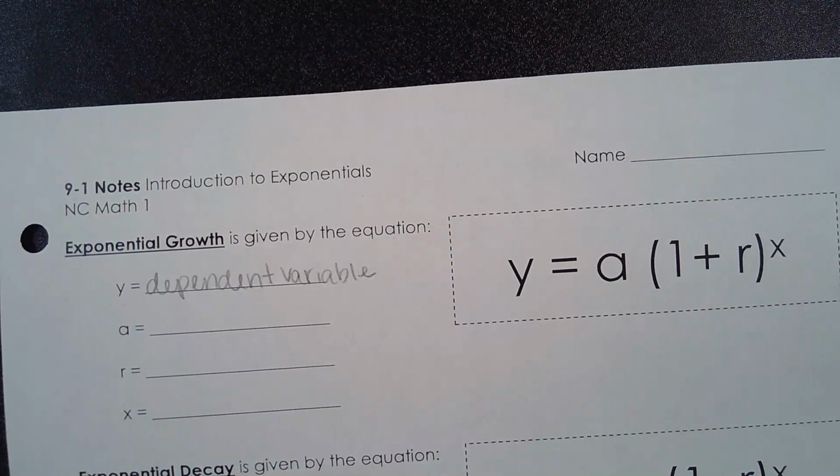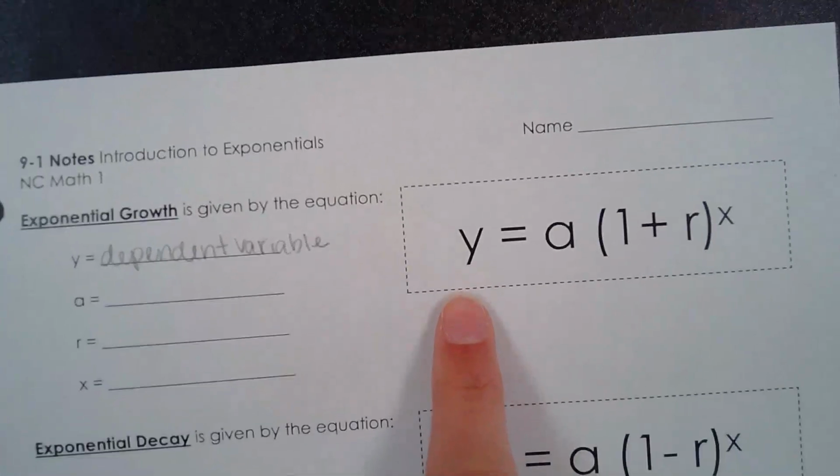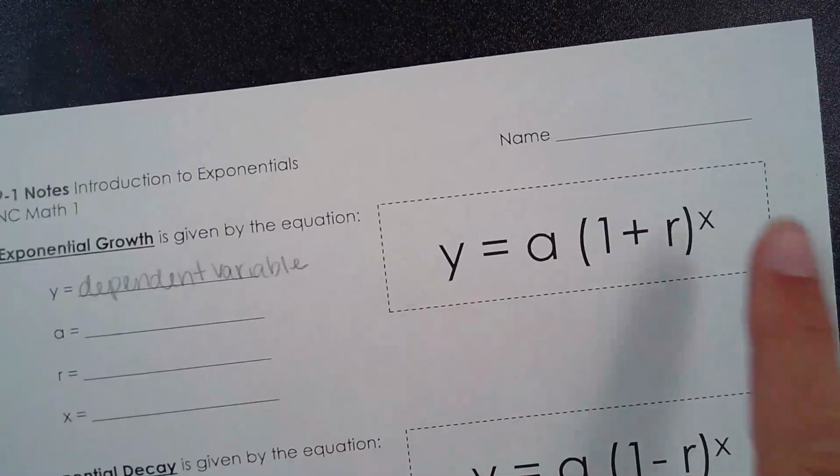The independent variable is usually time, something that will just keep going no matter what. And maybe your dependent variable is temperature. As time goes throughout the day, the temperature goes up, and it depends on the time of day. It's warmer at lunchtime than it is right now. So that's how you can think about your independent and dependent variable.